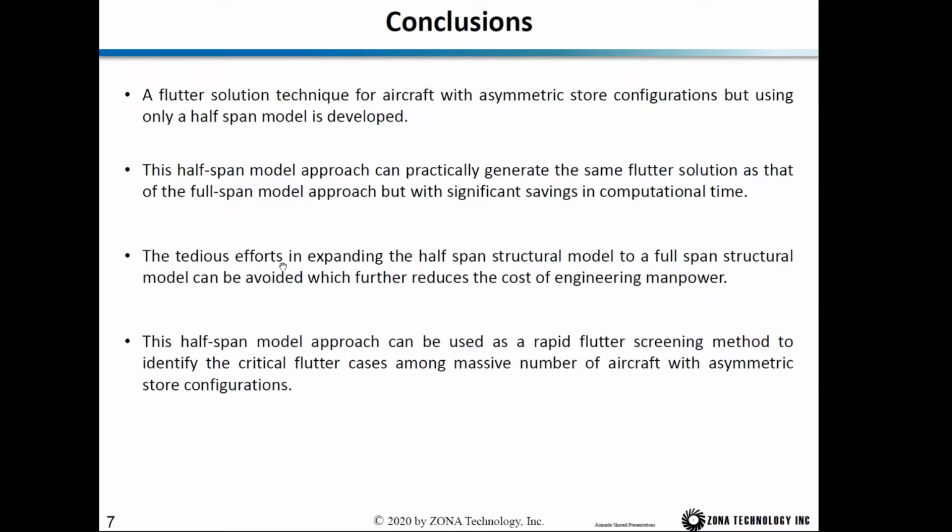And the tedious effort in expanding a half-span structure model to a full-span structure model can be avoided. And this half-span model approach can be used as a rapid Flutter screening method to identify the critical Flutter cases among a massive number of aircraft with asymmetric store configuration.